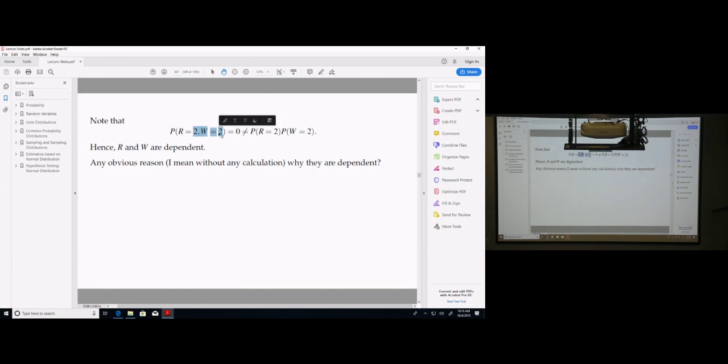But since the story is you only choose 3 balls, there is no way you can get 2 red and 2 white. So the left-hand side is 0. But then we need to argue that this is positive, and this is positive. So that might be a simpler, more direct way than constructing the table and all this, if all we care about is to check whether R and W are dependent.